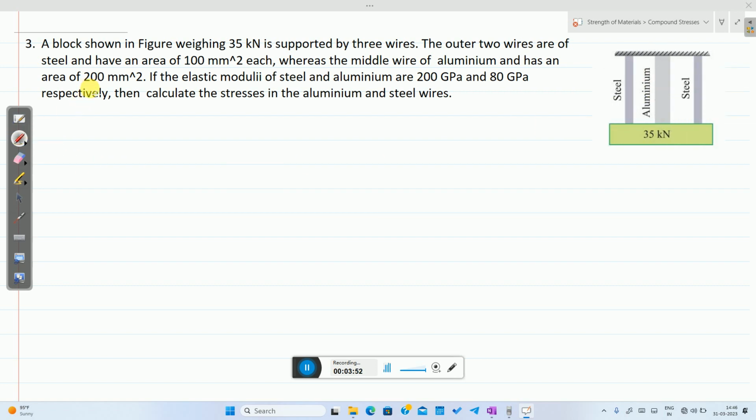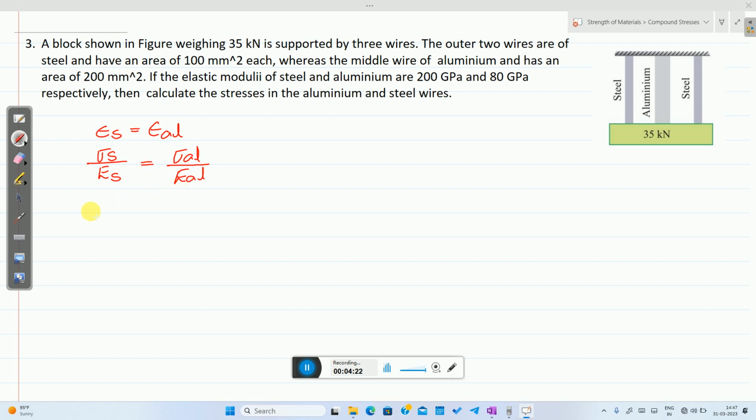So we know the first assumption, strain in steel is equal to strain in aluminium. Again, strain can be written as stress divided by Young's modulus. So here it is sigma S divided by ES equals sigma AL divided by EAL.